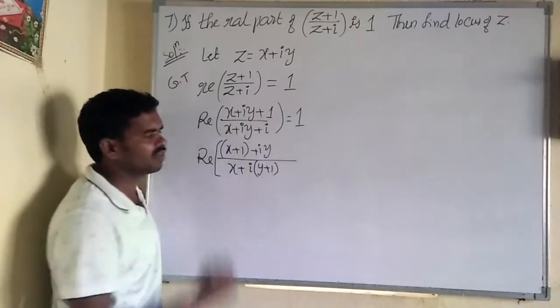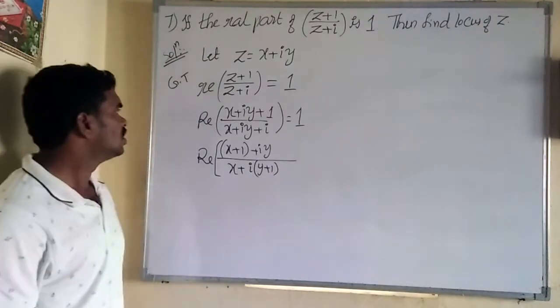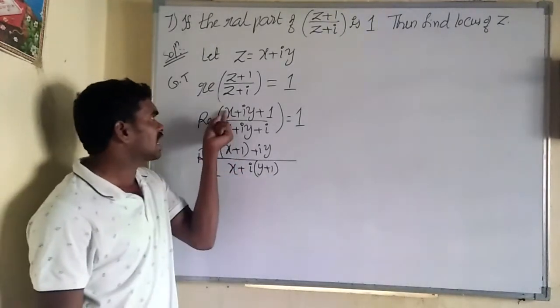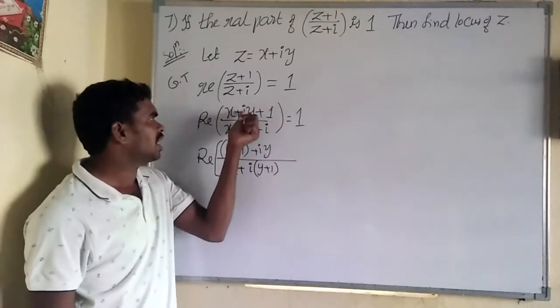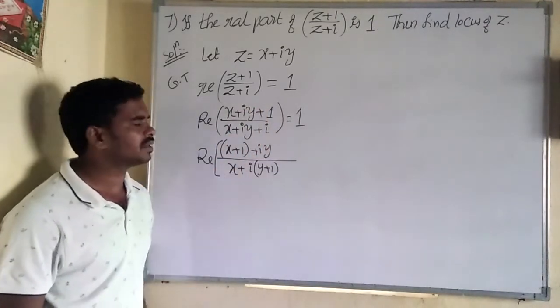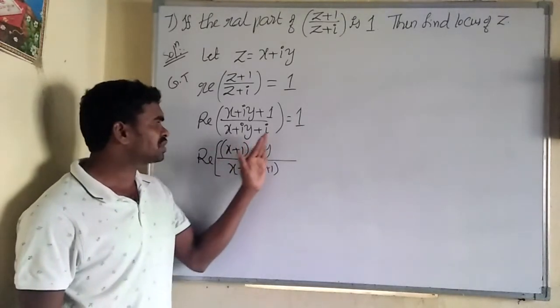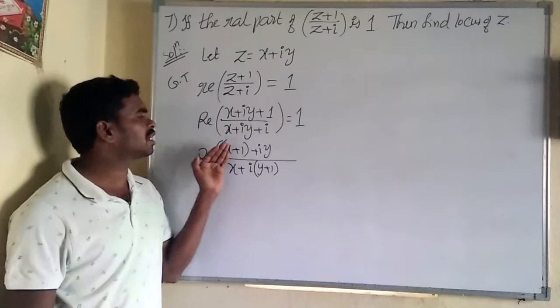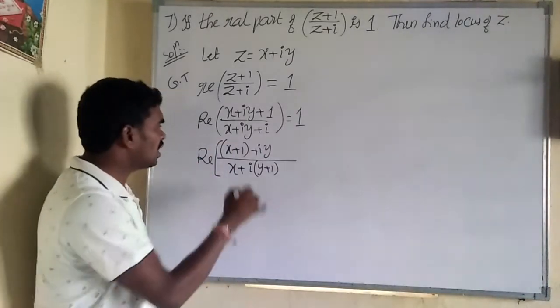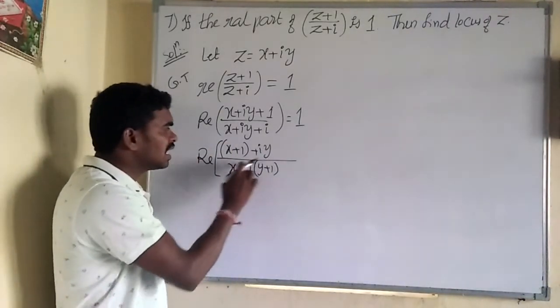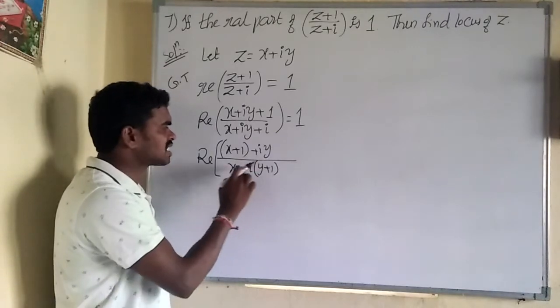So it becomes i into (y plus 1). Here I just wrote the real parts and imaginary parts separately. The i coefficient is the imaginary part, the remaining term is the real part. And the denominator is a complex number, x plus i into some number.